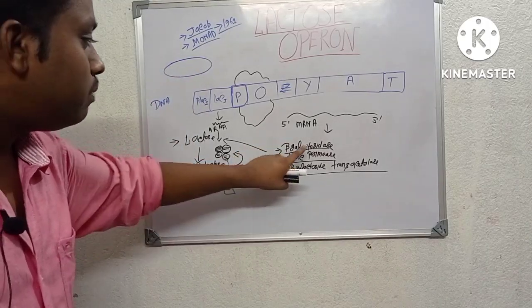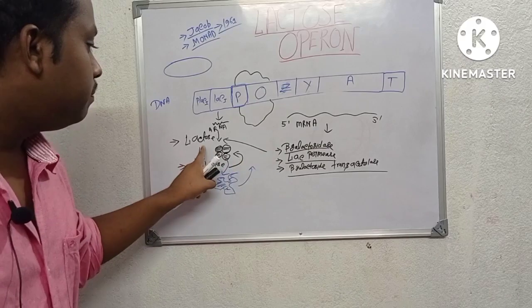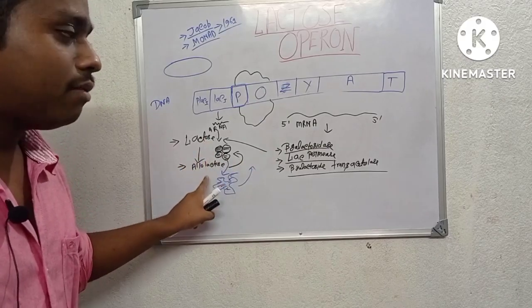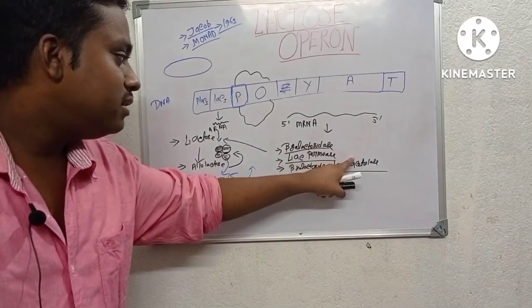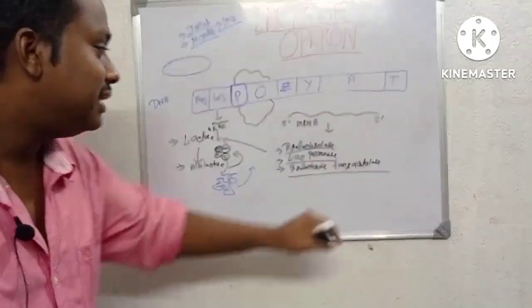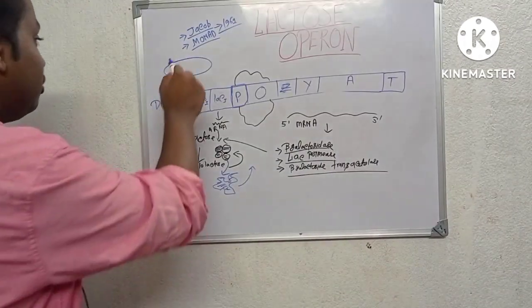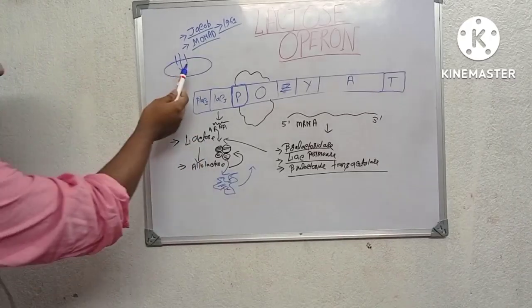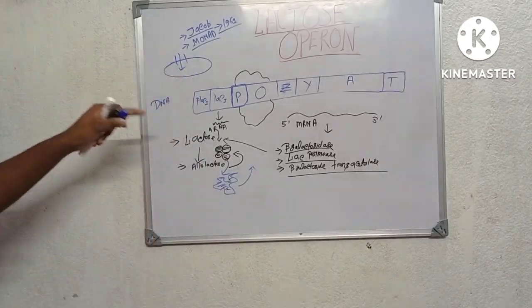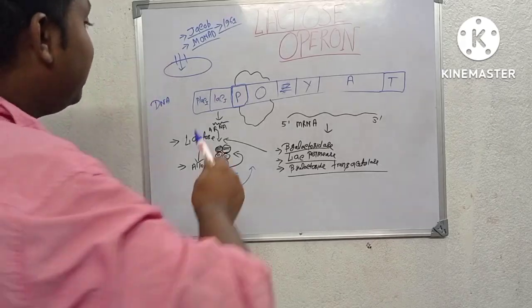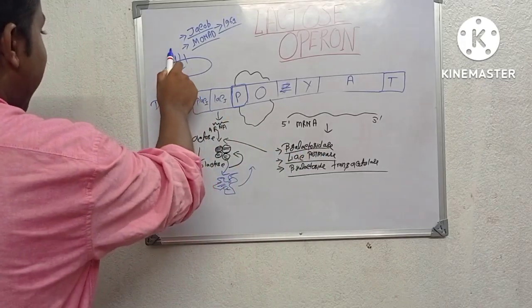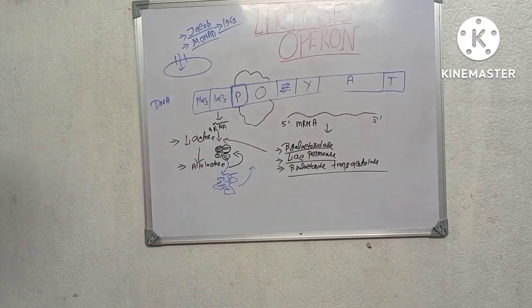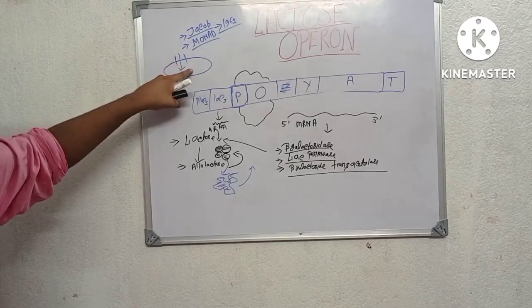First function, we know that beta galactosidase breaks the lactose and converts some of the lactose to allolactose. The second enzyme function is lac permease. Lac permease allows the lactose to enter into the cell. This is the most important point. Please focus on it.